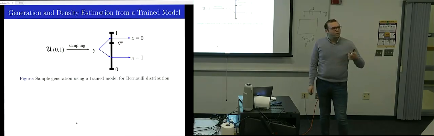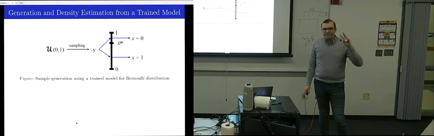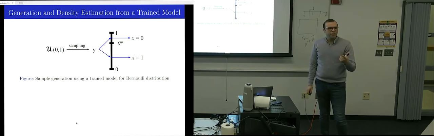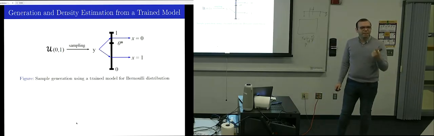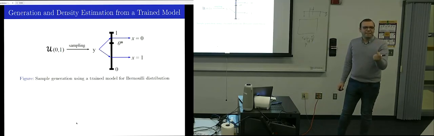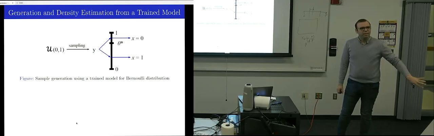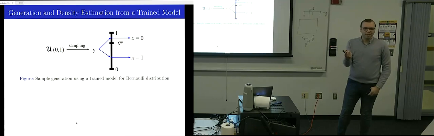So we have 3 tasks, but 2 of them are generation and density estimation. How can I generate data after I understand that the best theta for this coin is theta star? You can put the coin aside and start generating using your generative model, okay?